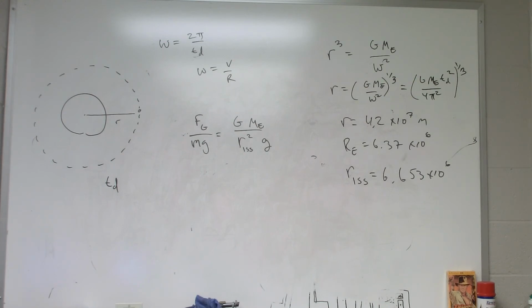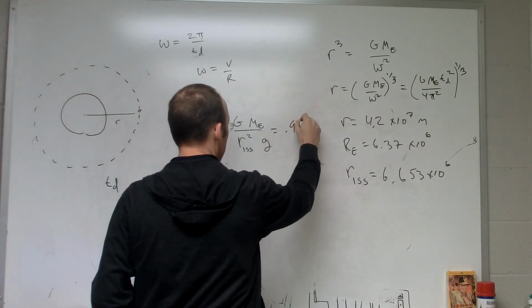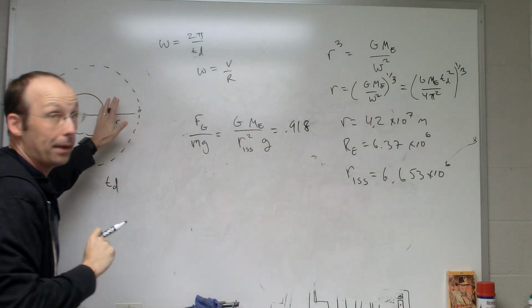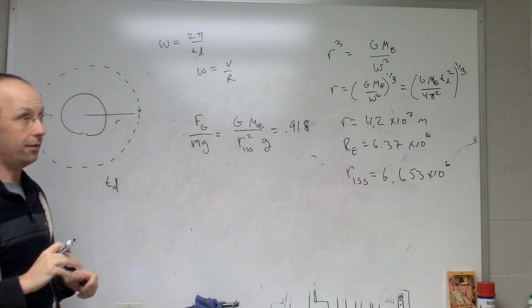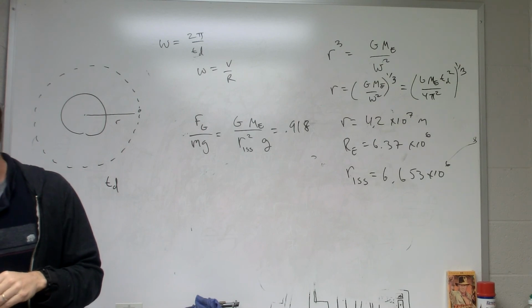And I get 0.918. So this is the important point. In the space station, the gravitational field's almost the same value as on Earth. It's not that much different. Okay, boom. That's question number 1.